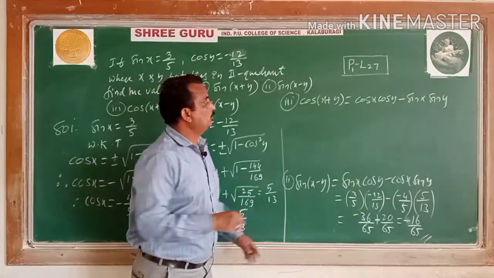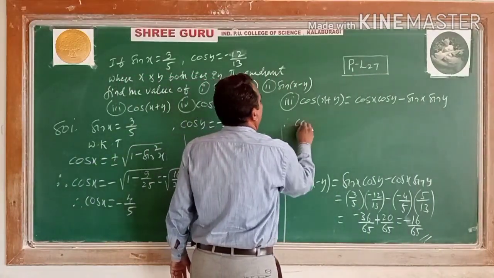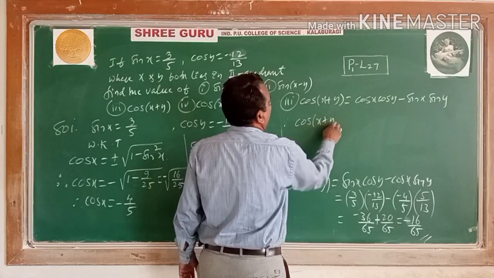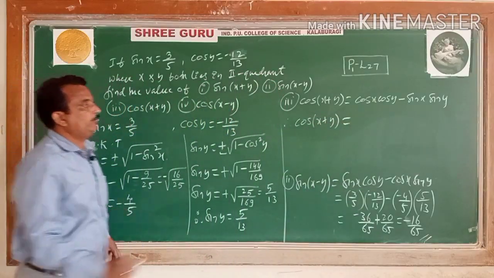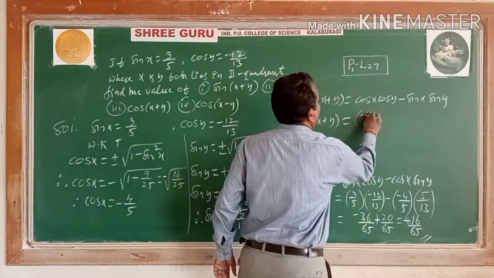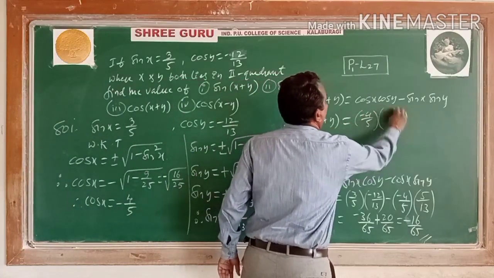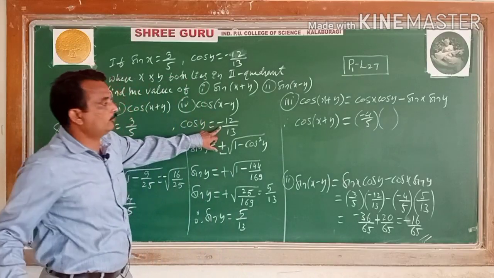Then substitute here. Cos of x plus y is equal to, what is cos x? Minus 4 by 5. What is cos y? Minus 12 by 13.